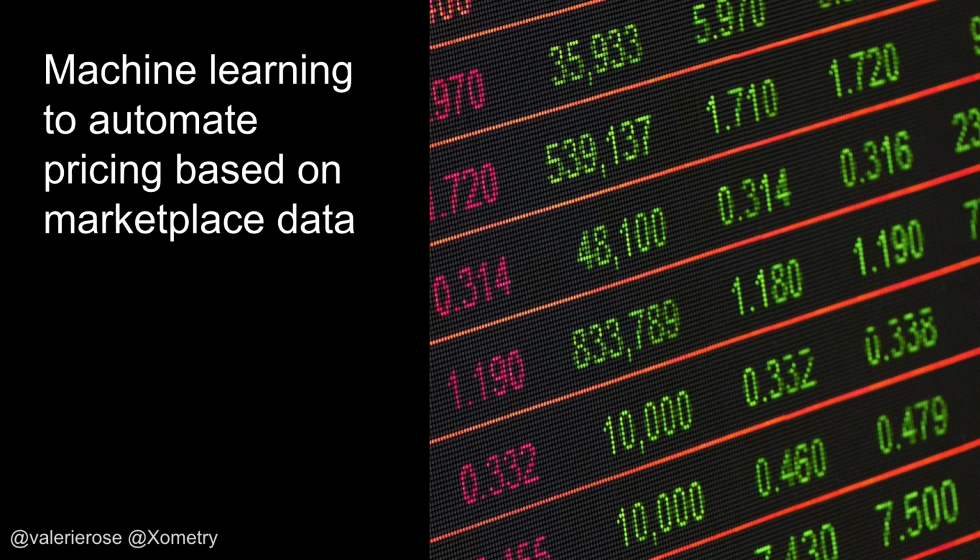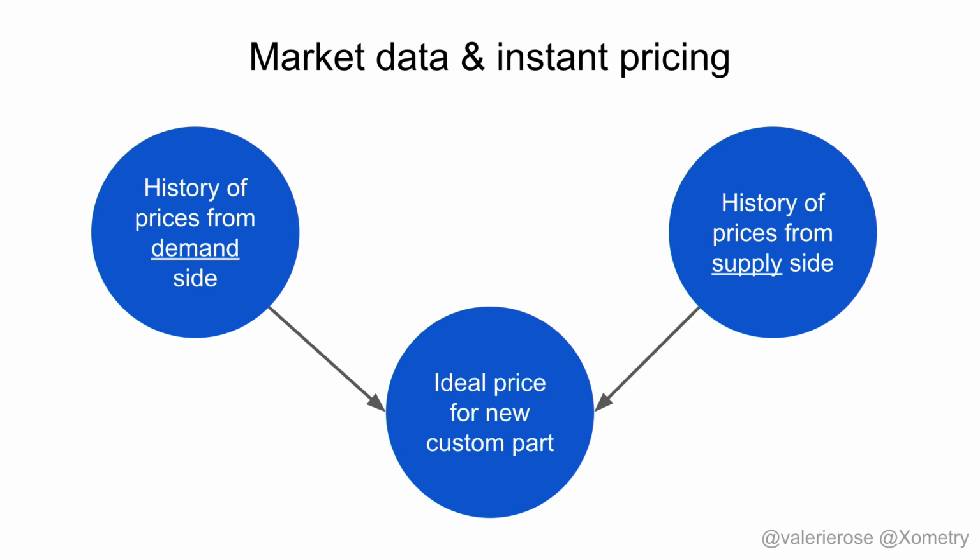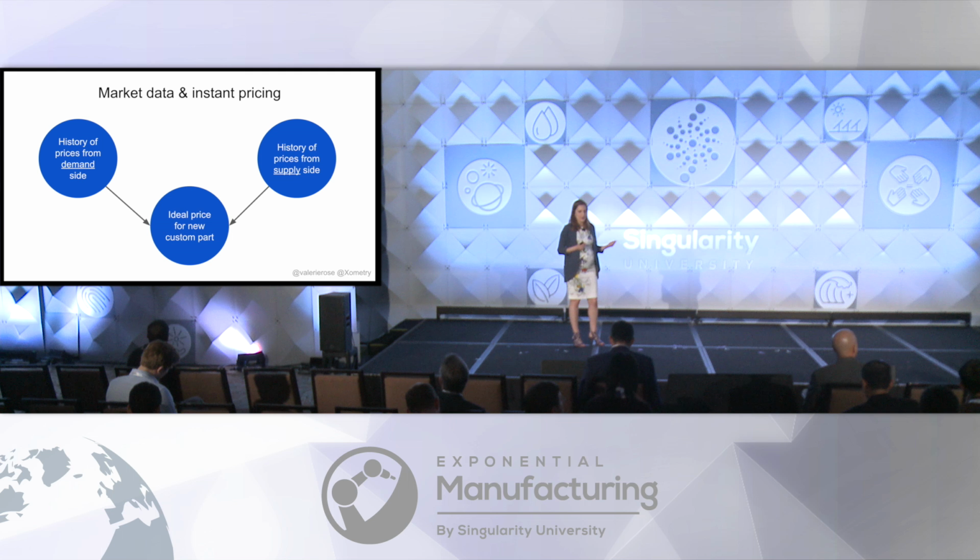So this understanding of geometry needs to be coupled with machine learning to automatically price a part based on marketplace data. So schematically, given a history of prices that have been accepted and rejected from the demand side, from the customer side, and a history of prices that have been accepted and rejected from the supply side, from the machine shops, small manufacturers, along with all of the geometric data, specification for every part.